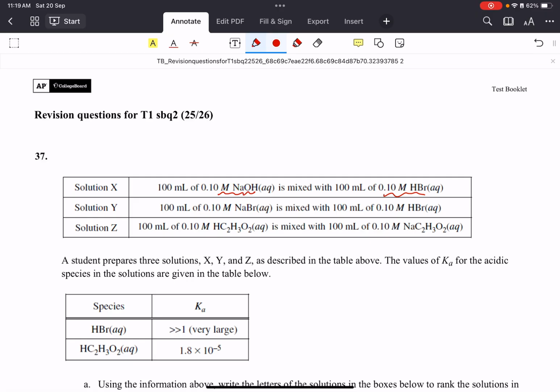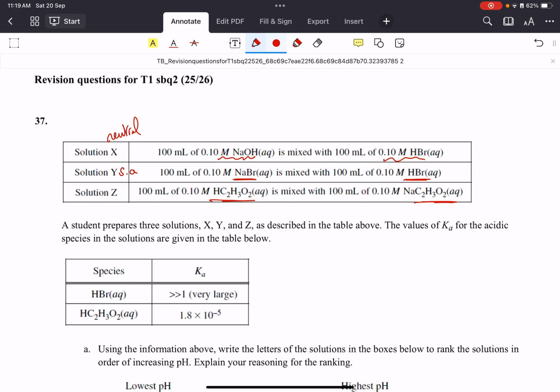Solution Y is made of a neutral salt, Na plus and Br minus, because they are coming from a strong base and a strong acid. For the other one, I have a weak acid with its own conjugate weak base. This is a buffer, it's coming later, but we can still deal with the question.